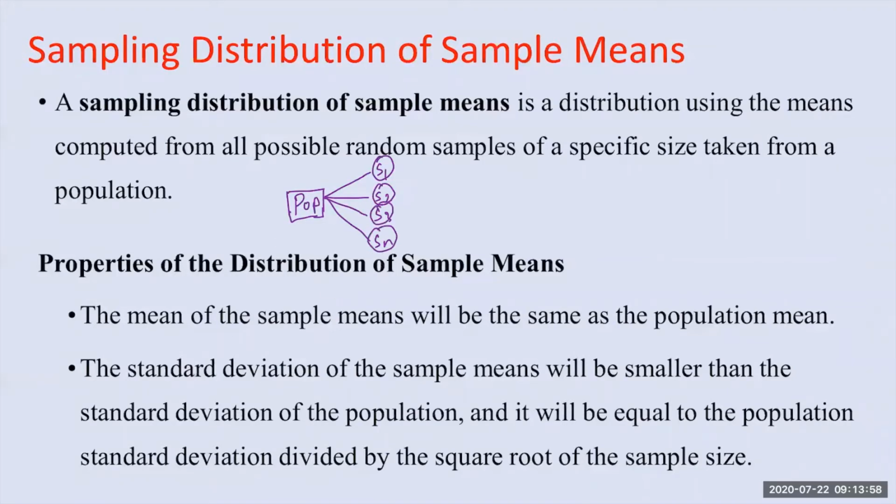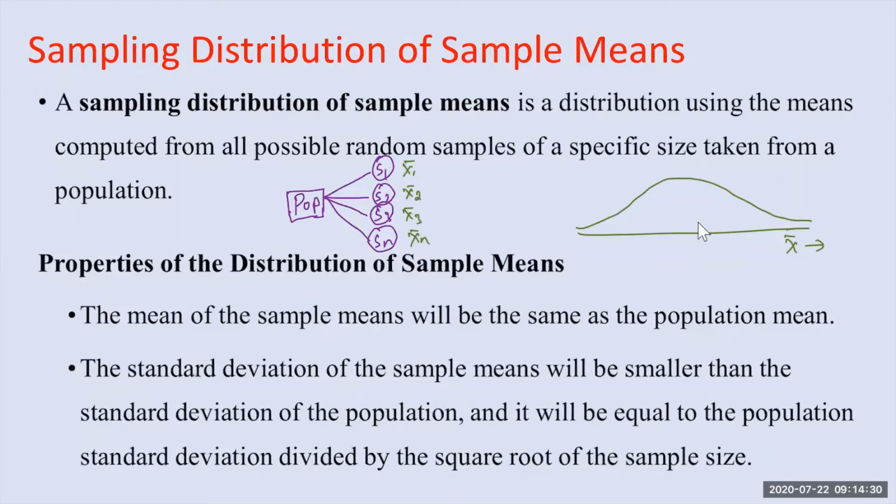But remember one thing, these samples are of a specific size taken from the population, and then the mean is calculated. For example, the mean of the first one is x1 bar, x2 bar, x3 bar, and for the last one, xn bar. So along the x-axis, you have the mean and you draw the distribution. So this is the sampling distribution of sample means.